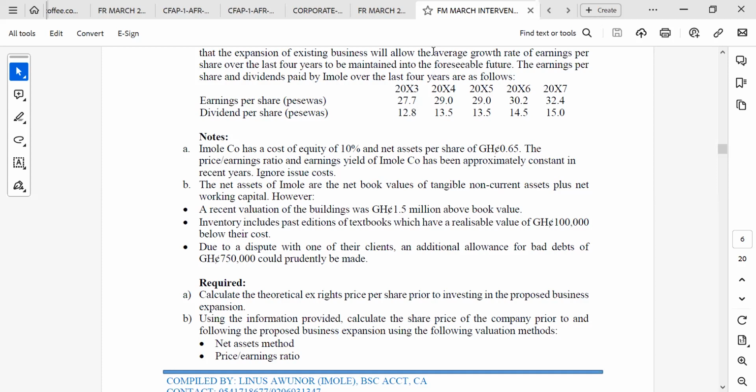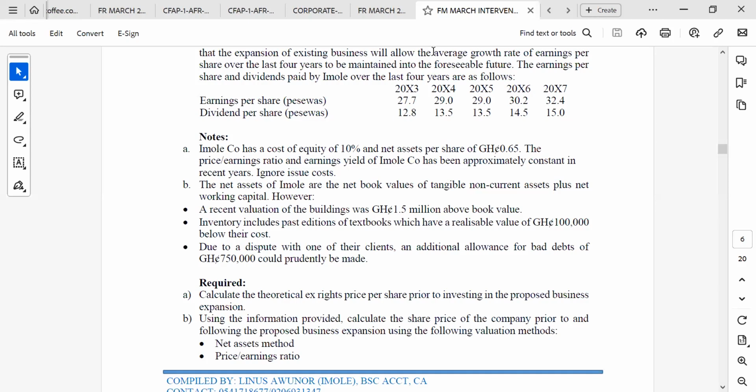Note B. Okay, they are just giving you some values of the assets, not the assets and liabilities. We are not given assets and liabilities, but we are given some information on the assets. Let's come here.